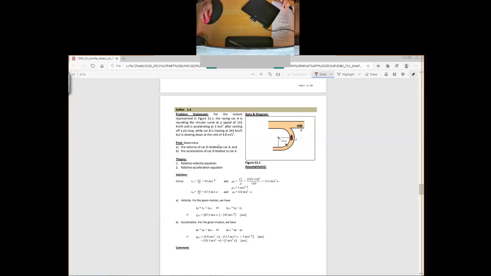If you still remember, this is dynamics, there are only three: S, V, A. In this case, they are asking for the velocity of A, and for B they are asking for acceleration. Velocity is very straightforward, but you have to look at the position. Which position? A.